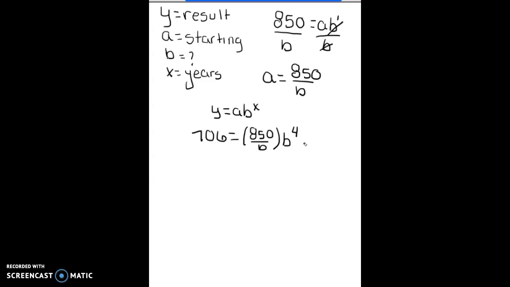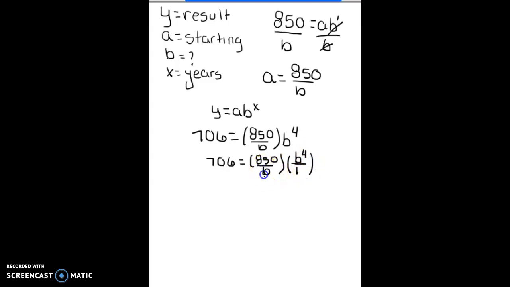In order to solve from here, we have to get the b's together, cancel and move things around, and basically we have to solve for b. So this is 706, this is still 850 over b, and I'm going to write this as b to the fourth over 1. Does that change things for you?